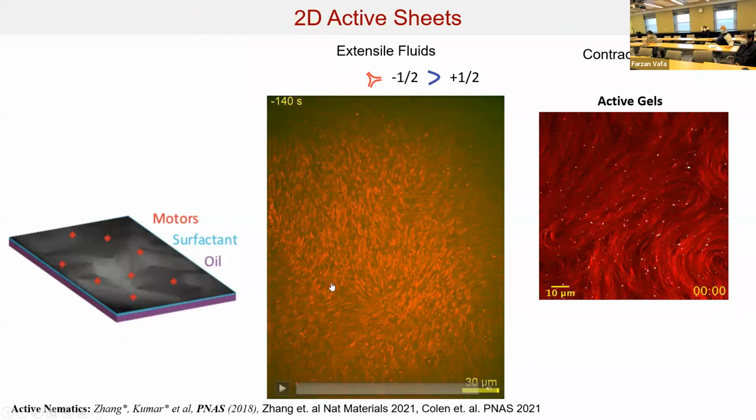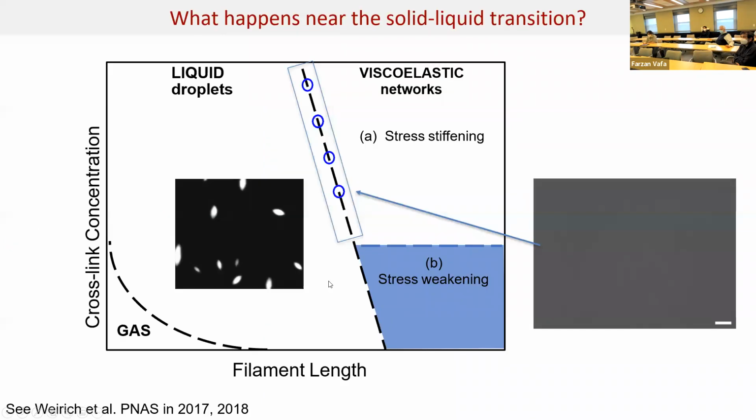Sorry, another question: is there a sharp transition between stress strengthening and stress weakening? In the A and the B on the right, is that a sharp boundary? It's a pretty sharp boundary. I mean, that was what I did my thesis on, David. So yeah, it's a pretty sharp transition.